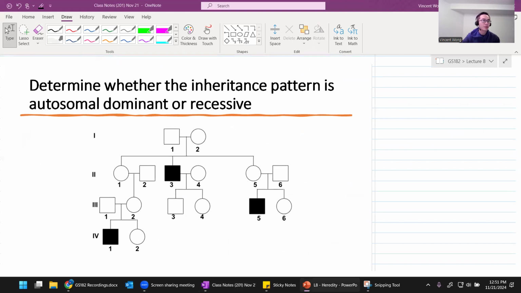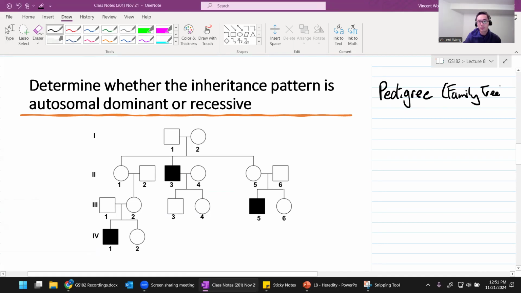Next, we're gonna have to talk about family tree. Okay, so family tree has a fancy name. It's called pedigree. Just to help you understand how to read this thing, square is male, circle is female, diamond is unknown.